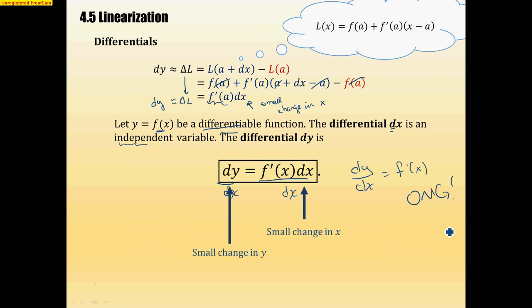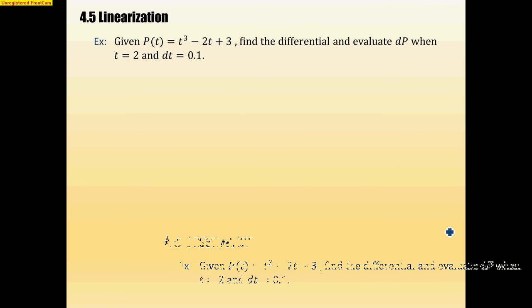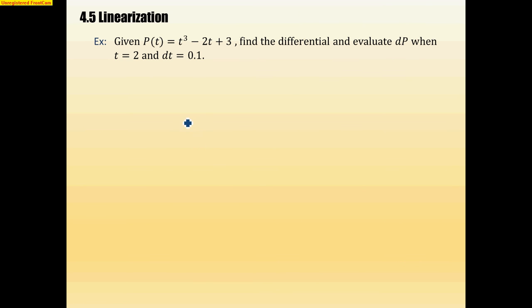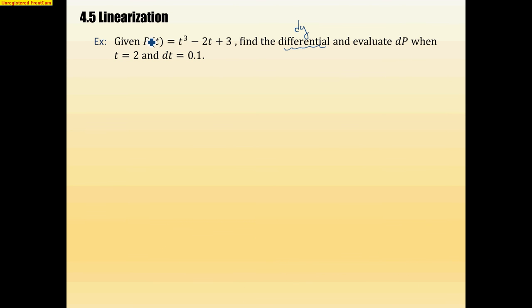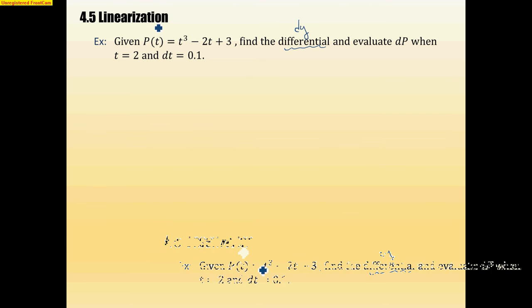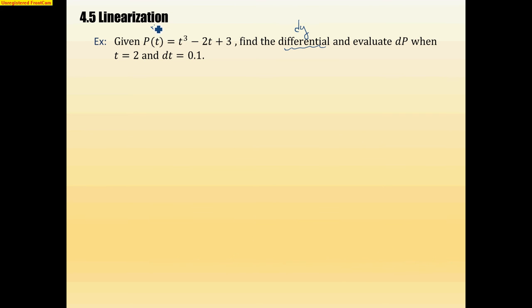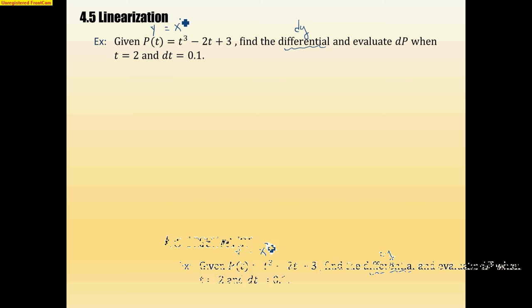So here's a very straightforward question about differentials. Find the differential. Say to yourself, that means find dy with no dx underneath of it. Oh, somebody used a p. Think of this p of t as your y. Let's write it this way: y equals x cubed minus 2x plus 3.